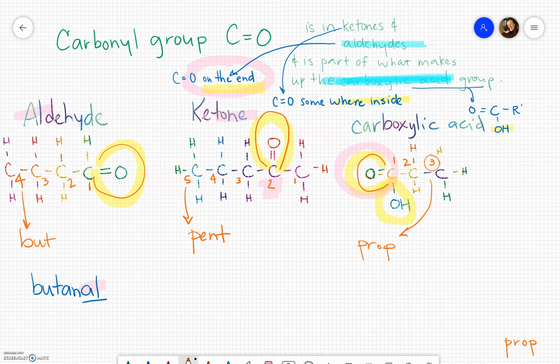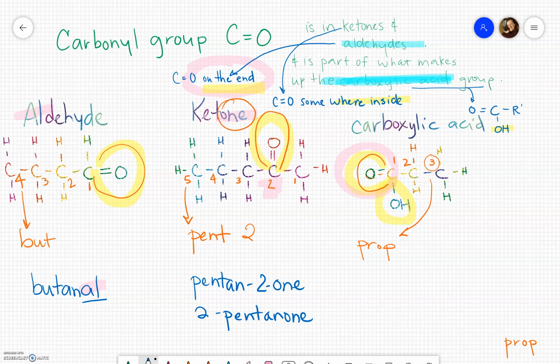So I'm going to have a 2 in there for sure. And my suffix this time is that ONE on the end. So I have pentan-2-one. Or I could say 2-pentanone. Either way would be fine.